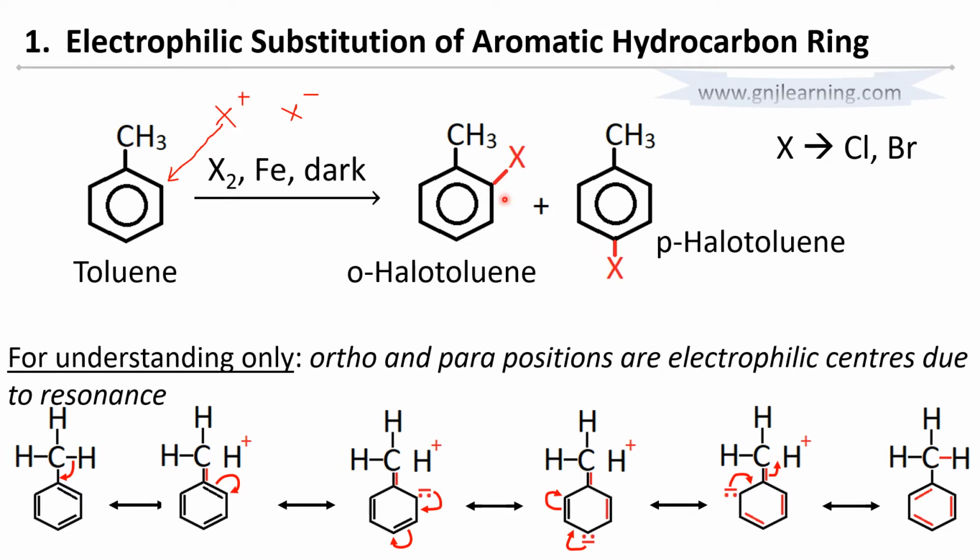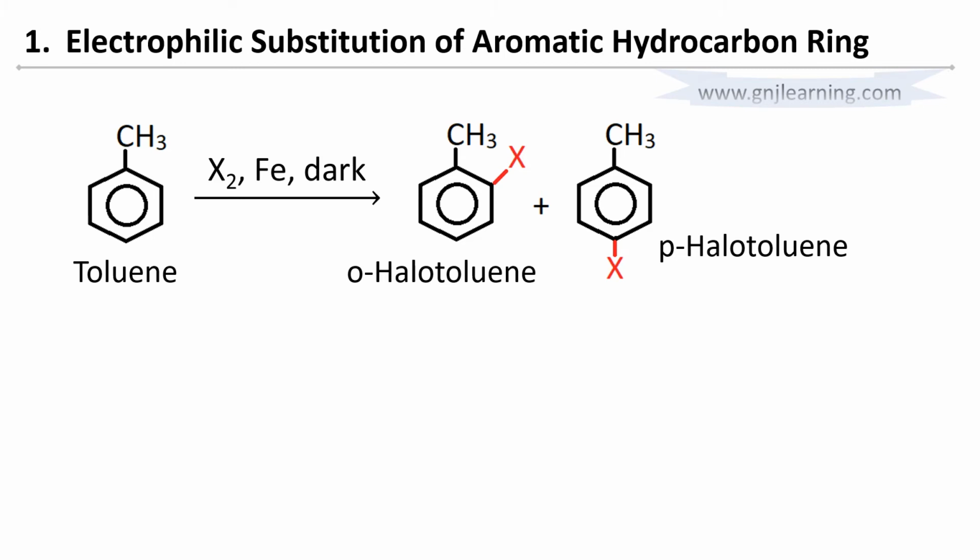One is in the ortho position and the other in the para position. In the next slide we are going to see which is the major product. So we have ortho-halotoluene and para-halotoluene. By looking into the structure, it is very clear that X and CH3 are in close proximity in ortho, so there will be a big strain between them in these constrained positions, whereas in para, CH3 and X are far away, so they can be relaxed, there is no strain.